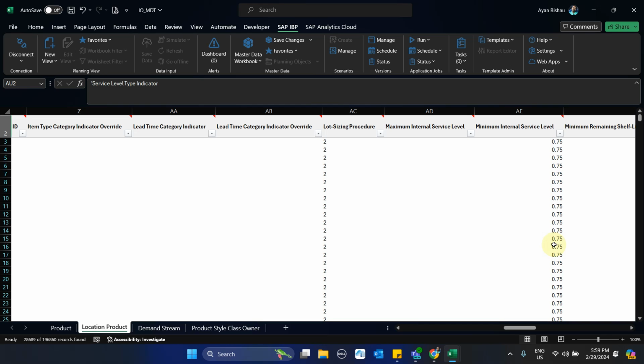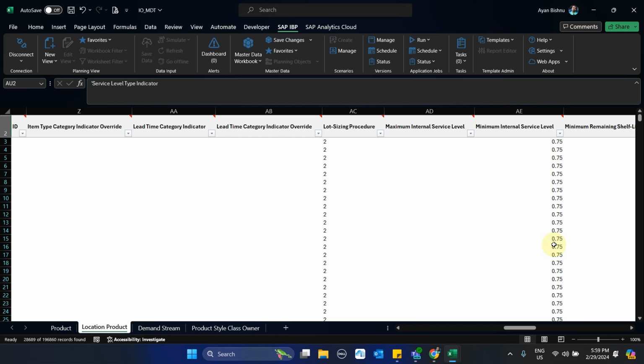Generally, if you don't maintain this field, inventory optimization considers that across all my supply chain, my internal service level will be treated as the same, which as a starting point is fine, but as you go deeper and get your hands on with IBP and you become more proficient in IO, you might find that internal service level should be different for different components that lie at different levels of BOMs.